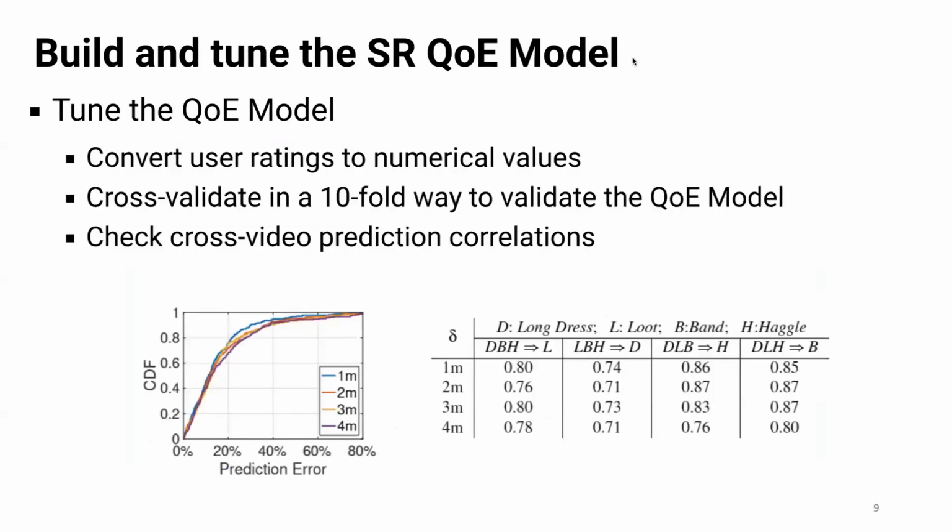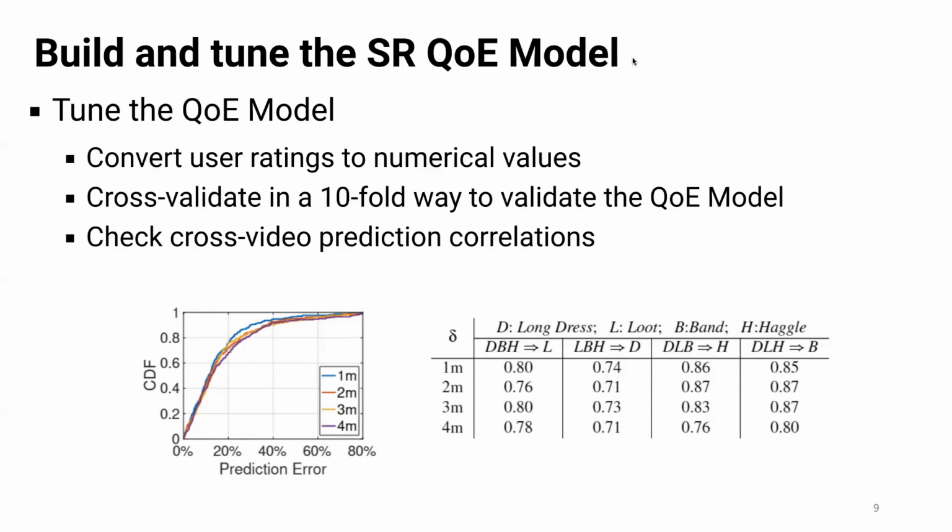And after they get the results from these studies, they tune the QoE model. So after they get the ratings, they need to change them into numerical values. And they made a kind of directed graph, and they use PageRank to make it into numerical values.